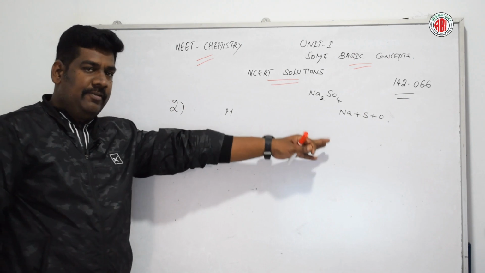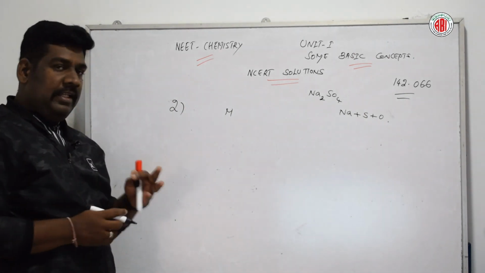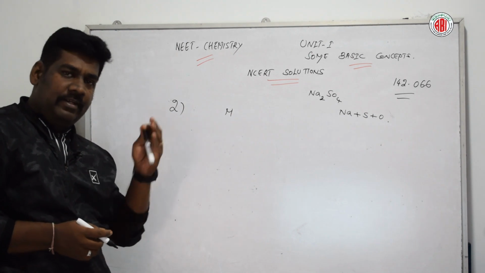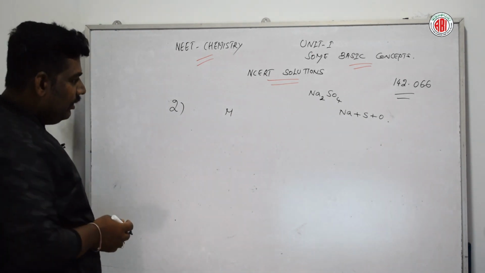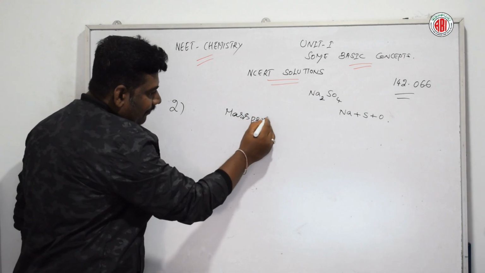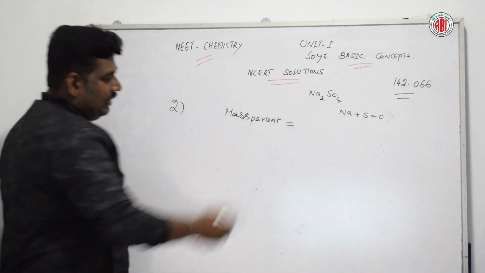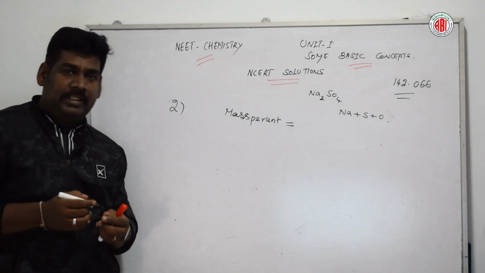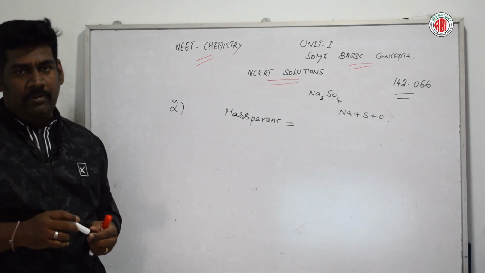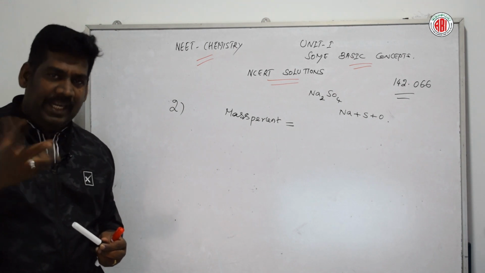Let us find all the elements individually. What is the formula for mass percent? Mass percent is equal to the mass of the element present in the compound divided by the molar mass of the entire compound.